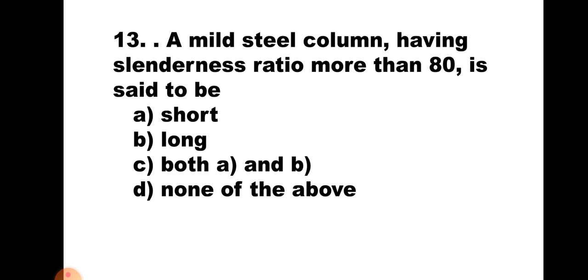Euler's formula is applicable for a particular material for which the value of slenderness ratio is greater than a particular value, and for mild steel you know that it is 80. So if slenderness ratio is more than 80, then only we can use Euler's formula, that is, it is a long column. Hence the correct answer of this question is B, long.